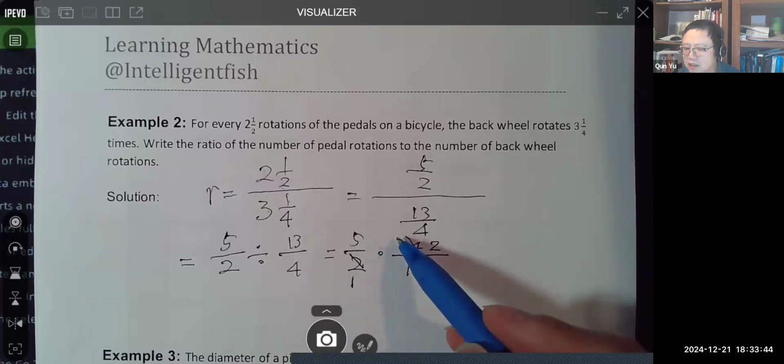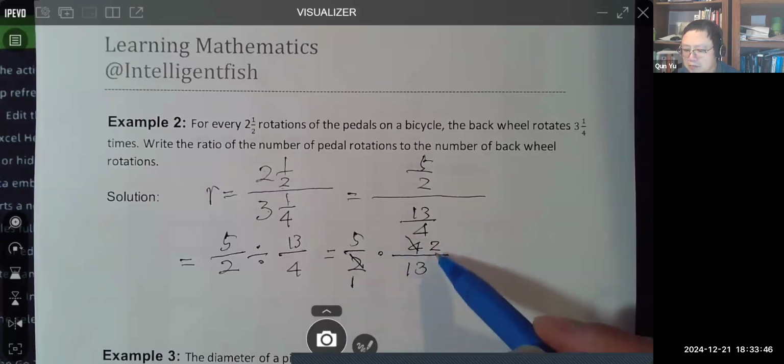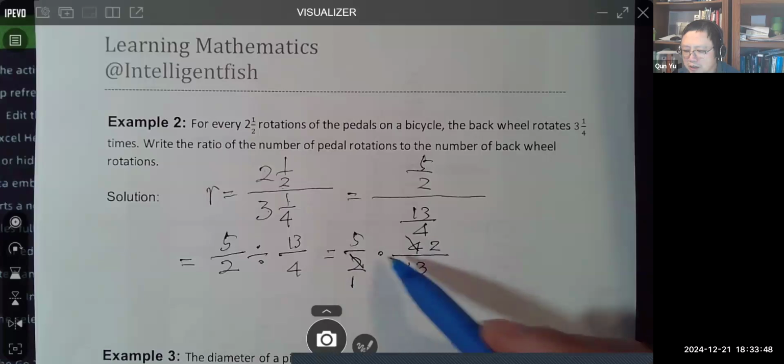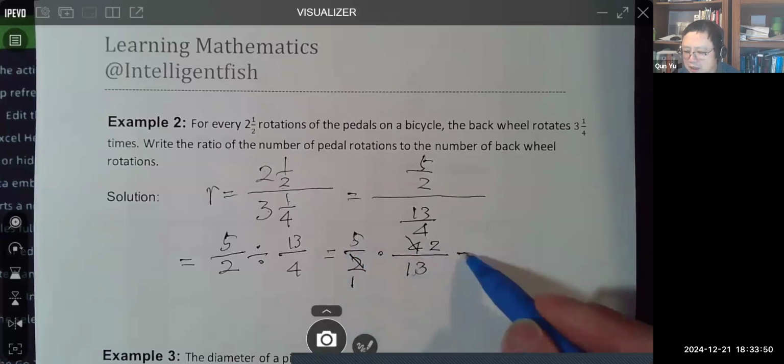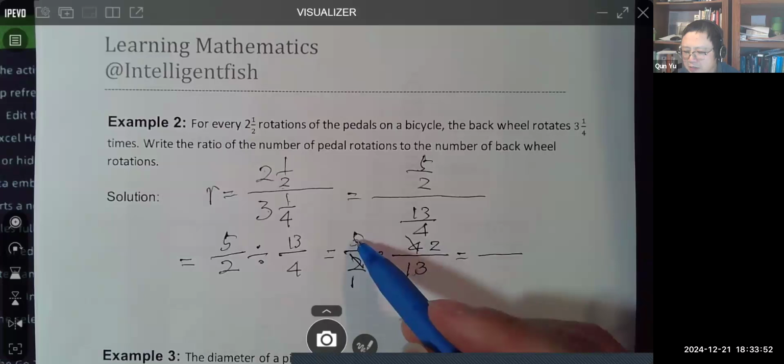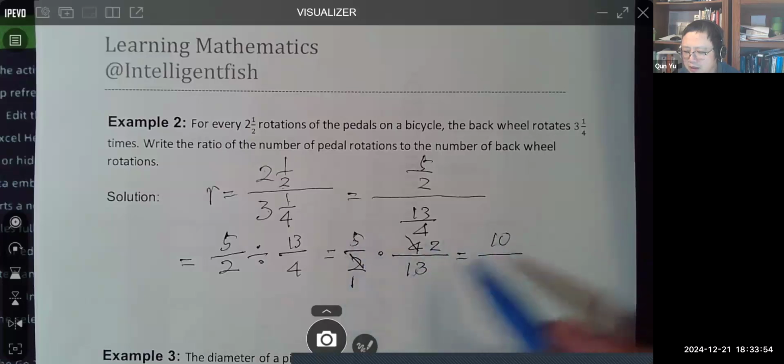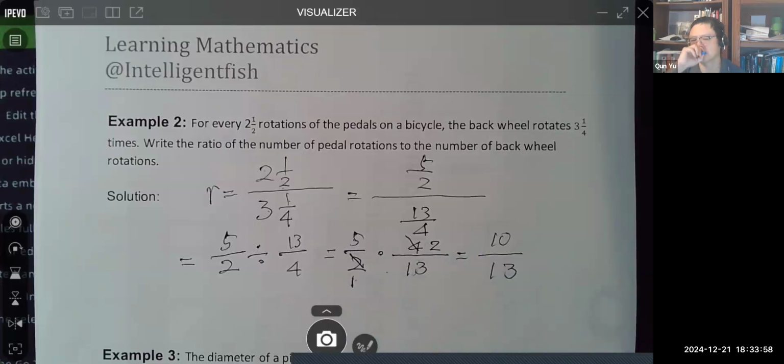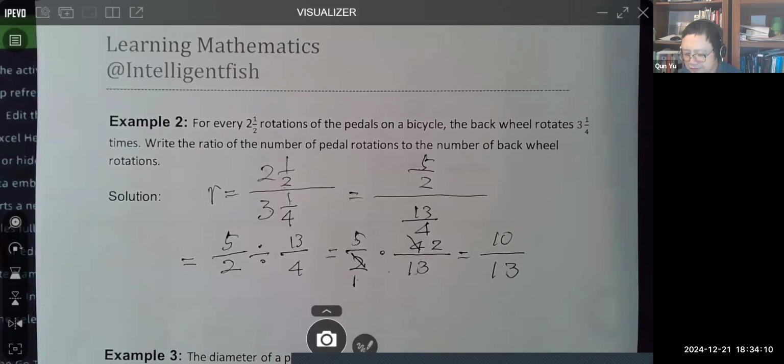Now no number on the top can be simplified with a number on the bottom. Now it's time to multiply. 5 times 2 is 10. 1 times 13 is 13. That's the simplest form. That means for every 10 rotations of the pedal, there will be 13 rotations of the back wheel.